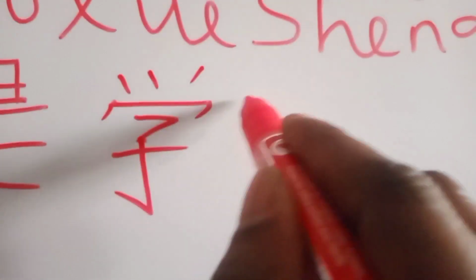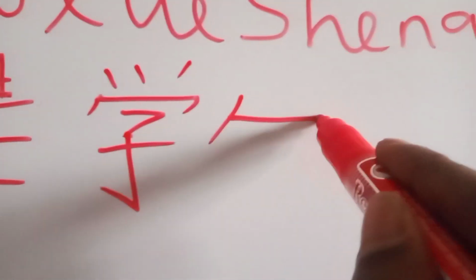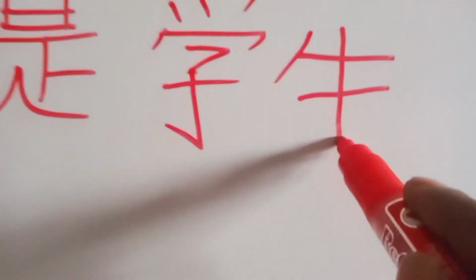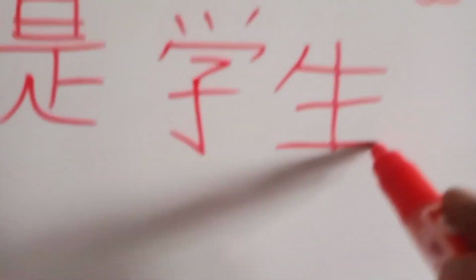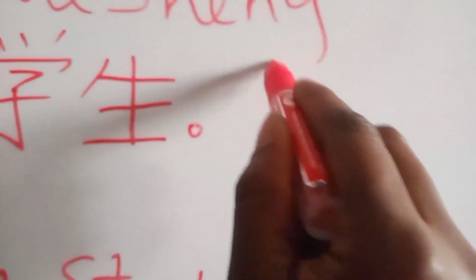This is 学. Now see how to write 生, like this, then bring it together like this, and I am a primary school student.